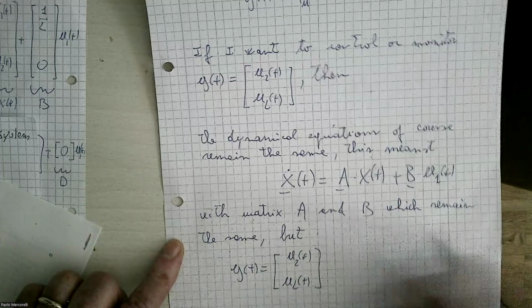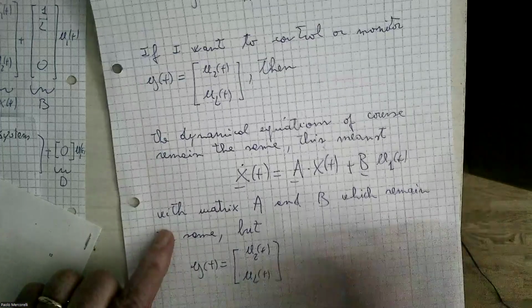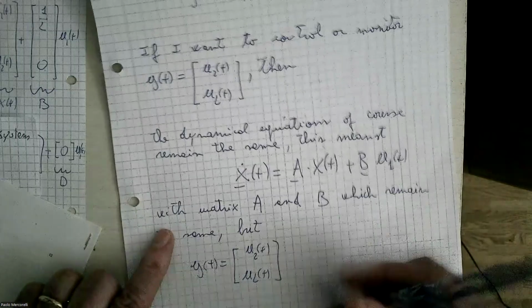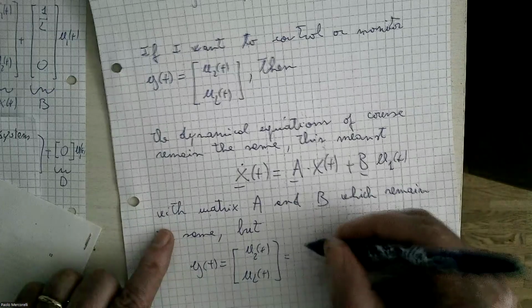I mean, A and B remain always the same, independently of what I am choosing as an output to be controlled.